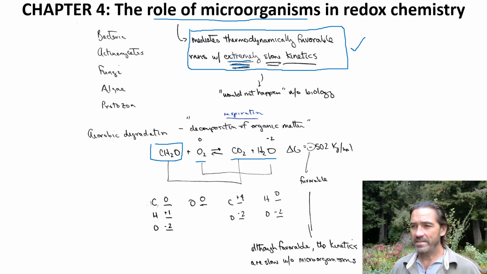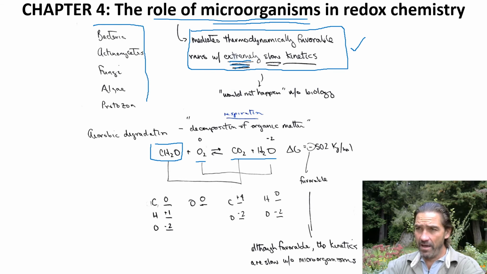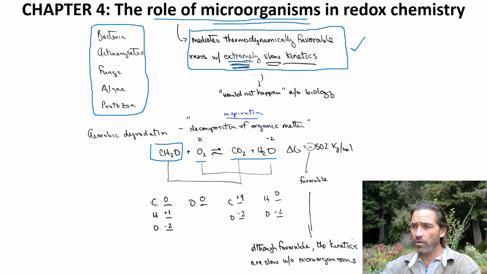And what it takes is organisms, microorganisms, or even us in our cellular processes during respiration to make this happen. So we're primarily talking about bacteria, actinomycetes, which are in the soil, fungi, algae, and protozoa, all the small critters that make our world a better place.